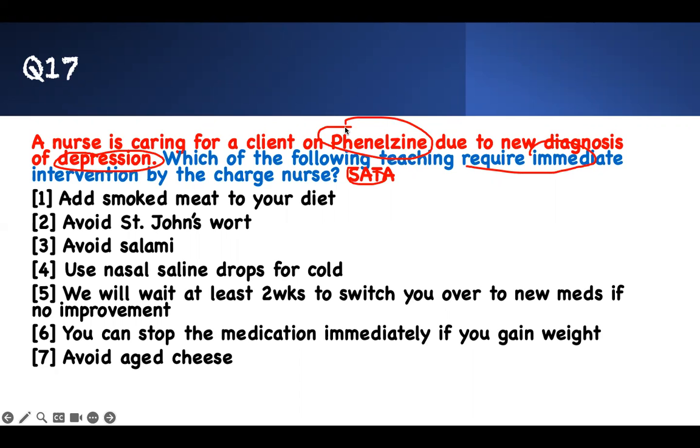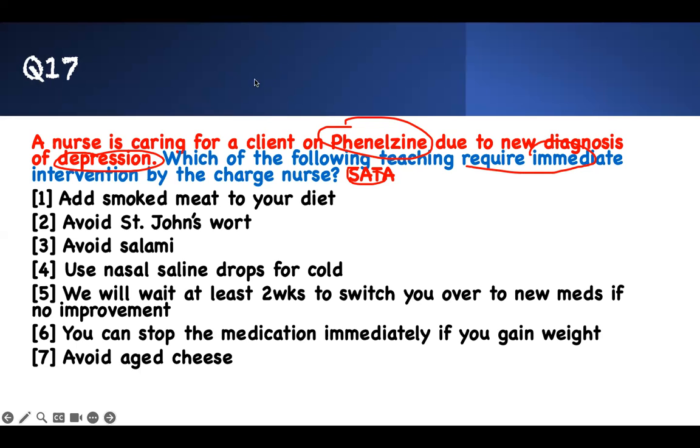This is one of the MAOIs, right? This is one of the common ones they use, phenelzine or selegiline. So they like selegiline and then phenelzine, but sometimes they will give you another weird name you've never seen before, but they are the same. You've got to Google them and just picture them in your head.